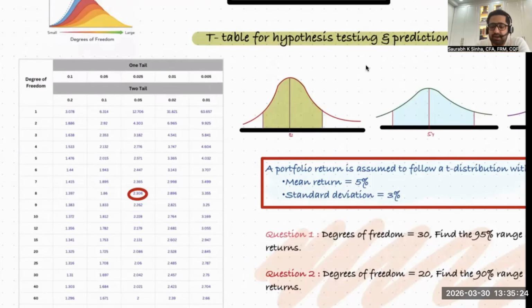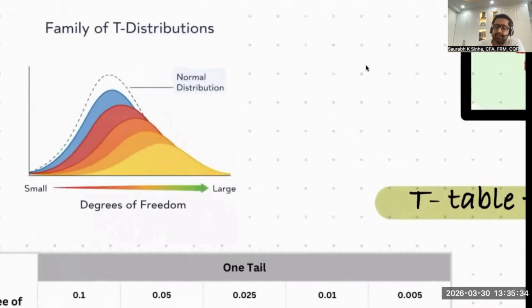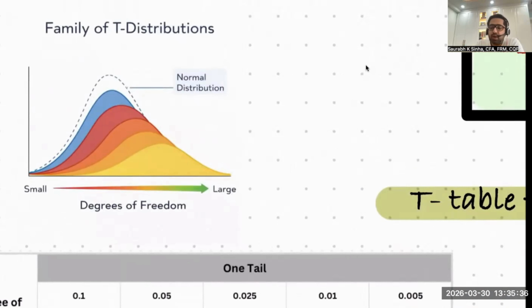There is something interesting in this column. This column says degree of freedom. Super, super important. We discussed in the last session that the t-distribution is not only one distribution, it is a family of distributions. If this is a perfect normal distribution curve, then the t-distribution where the degree of freedom is say 30 would look like this.